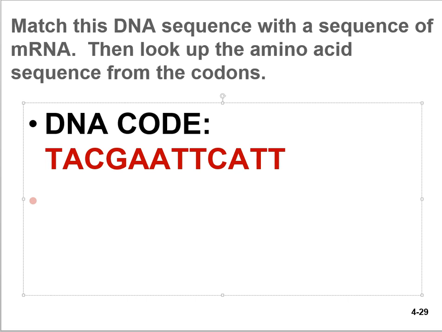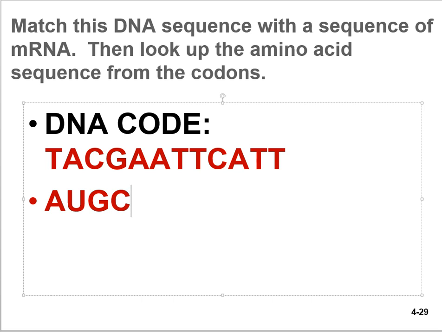What matches with the T, we'll always remember our rules here. T likes to match with A. Before, when we were doing just DNA, we learned that A's go with T's, but remember that RNA does not have any T's, so instead the T is replaced with a U. So I can't put a T here, but I can put a U. C's always go with G's, so that's easy.